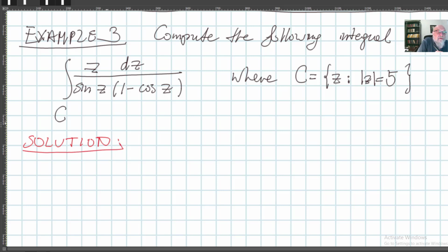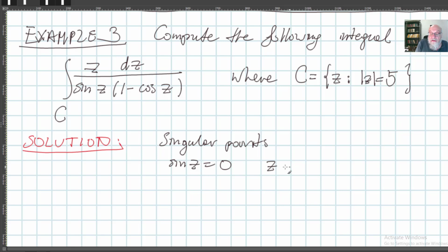So we see the singular points, which are zeros of sine or zeros of 1 minus cosine. So maybe write it down: sine of z is equal to 0.